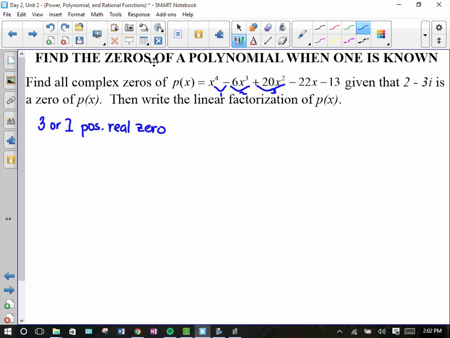Now we have p of negative x, x to the 4, plus 6x cubed, plus 20x squared, plus 22x, minus 13. There's one sign change here. That tells us that there's one negative real zero.